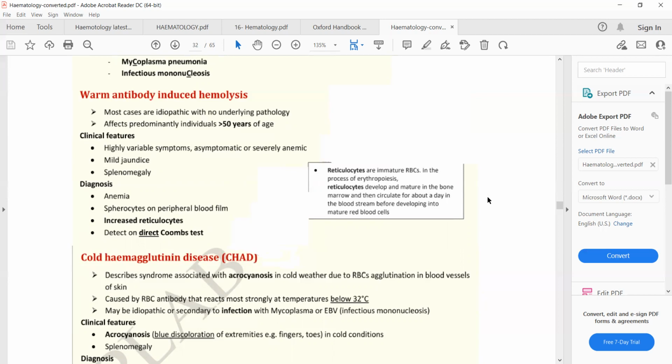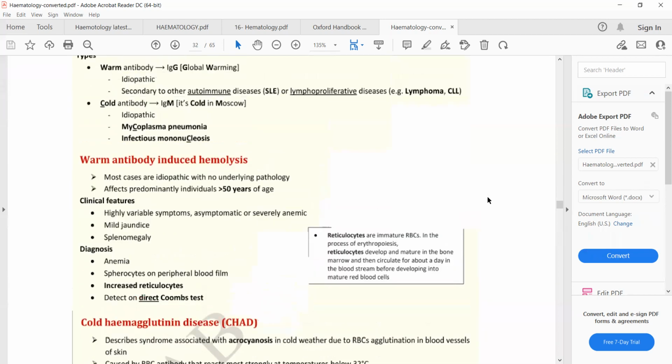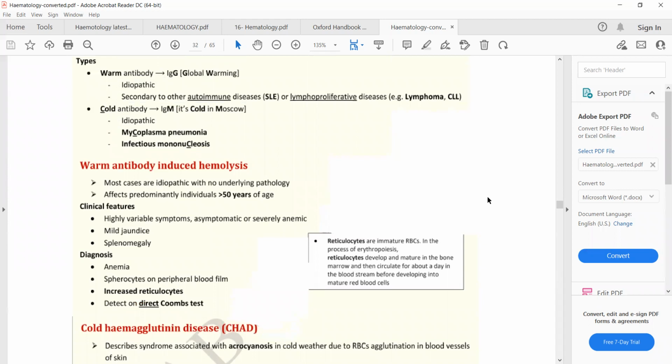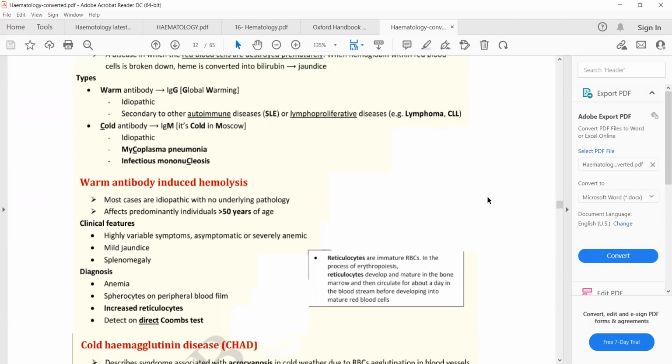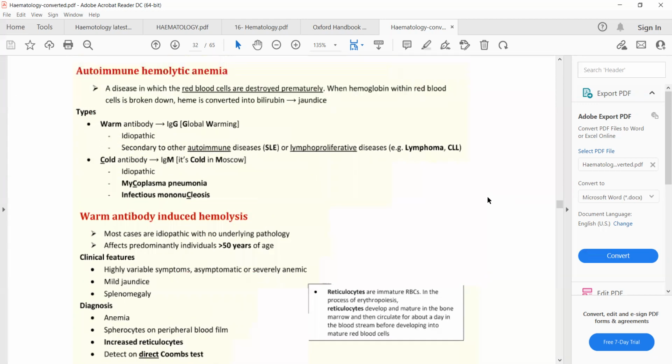And the antibodies that are formed in warm antibody hemolysis react with the RBCs at body temperature, that is 37 degrees centigrade. So that's why it is called warm antibody autoimmune hemolytic anemia.